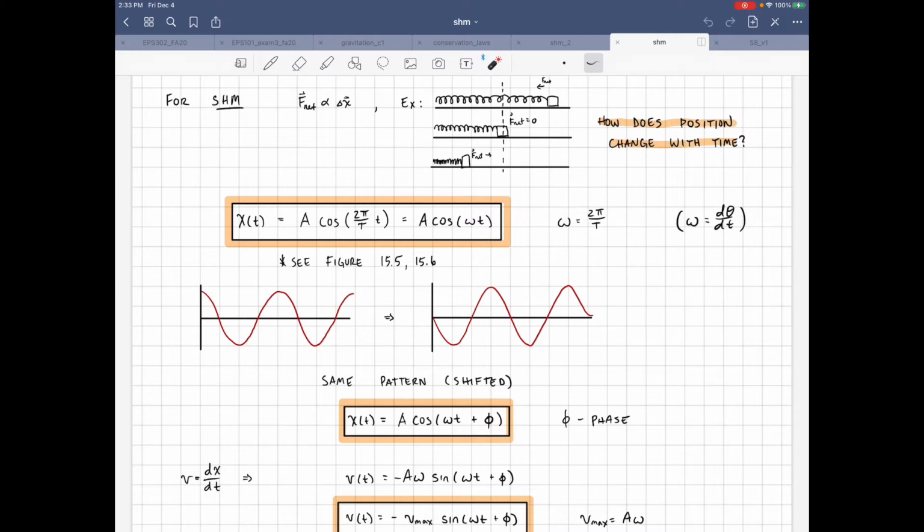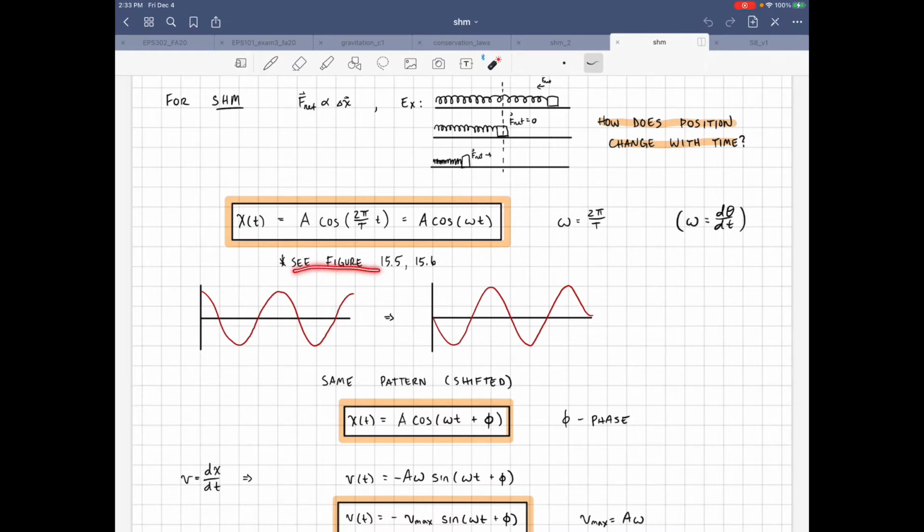If you look at t equals 0, when you plug in 0 here, you get a position of A, and that corresponds to the amplitude, or the maximum displacement. So I pulled this mass out to the right here, and then I let it go, and it's going to swing in, and swing back. As time goes on, this function will tell us exactly where the mass is located at any point in time.